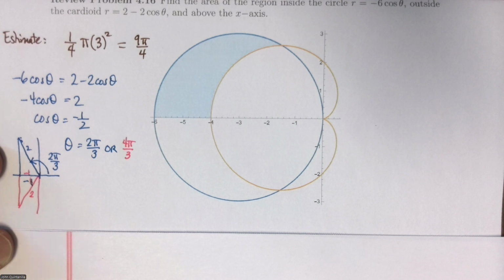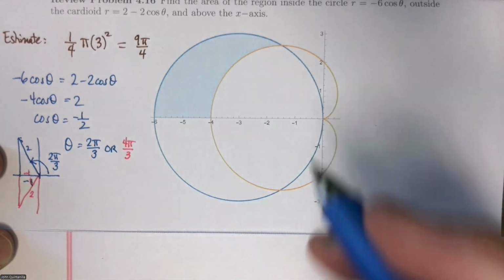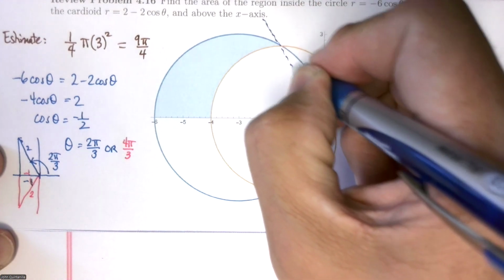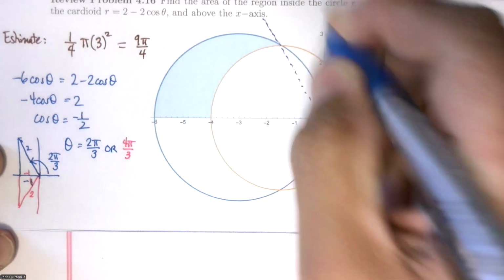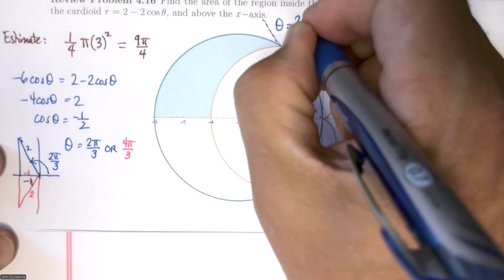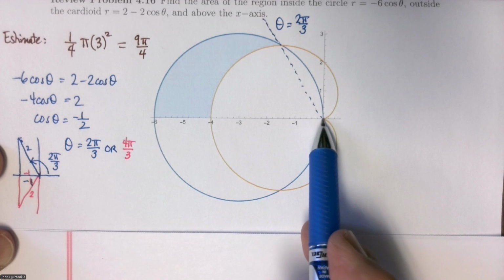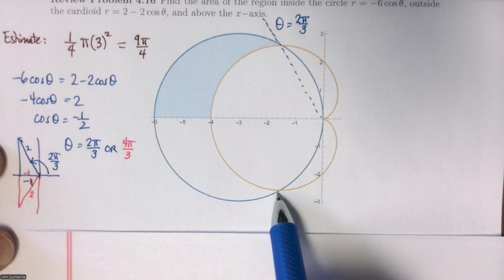Okay, now do I see that in the picture? The answer is yes. So the angle 2 pi over 3 would correspond to this line here. So that's theta is equal to 2 pi over 3. Now 4 pi over 3 would correspond to this one down here.